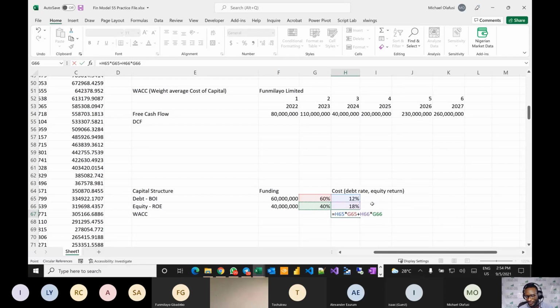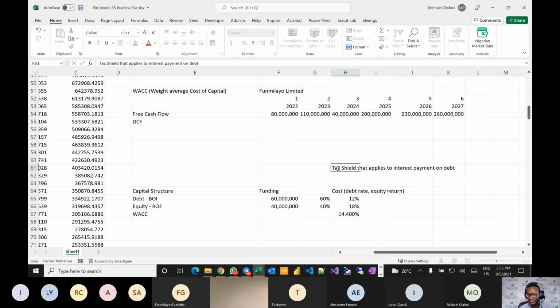You'll be like, yeah, this is it. Then this is where some of the other things in finance that most of us don't care about begin to come in. You can't just stop here. Why? There's what we call the tax shield that applies to interest payment on debt.